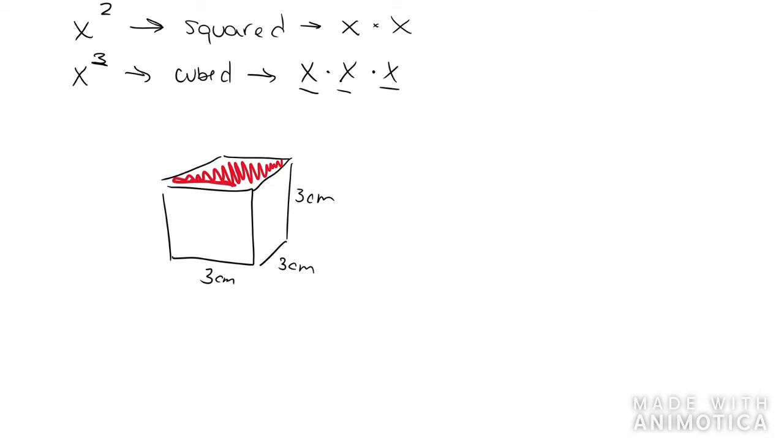So for this one, let us say we're going to find out the area of the top, which remember is the same as the bottom. So the area is going to be 3 centimeters by 3 centimeters. And then what we have to do is times it by the height.